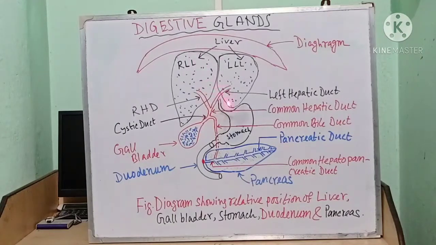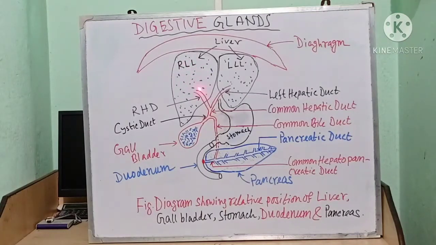This is the left hepatic duct. The left hepatic duct collects bile from the left lobe of the liver, and this is the right hepatic duct, and it collects bile from the right lobe of the liver.